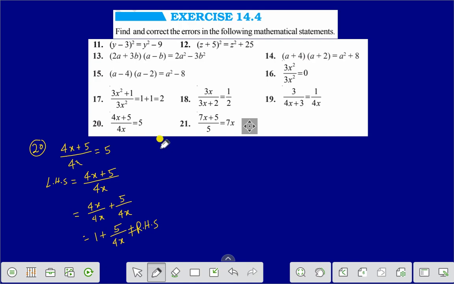That is the error. We'll solve question number 21.